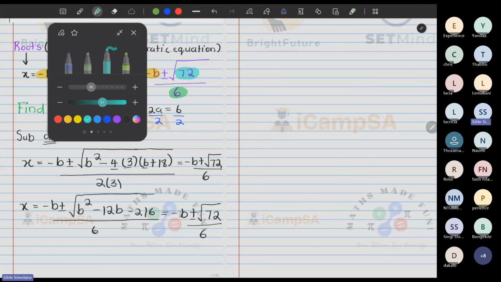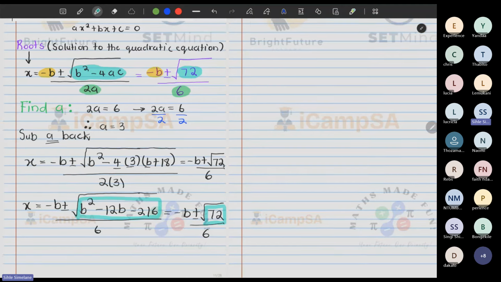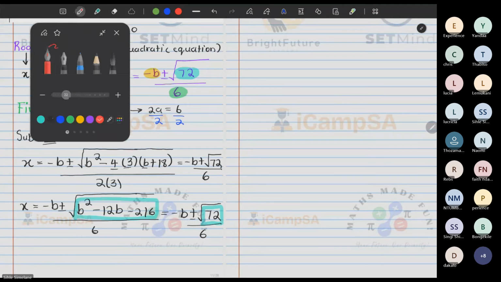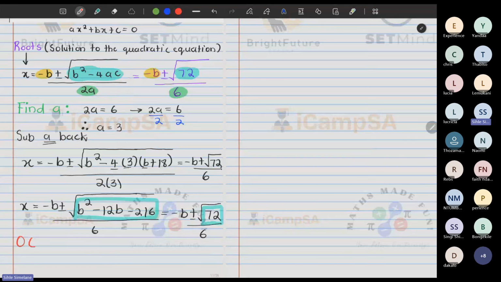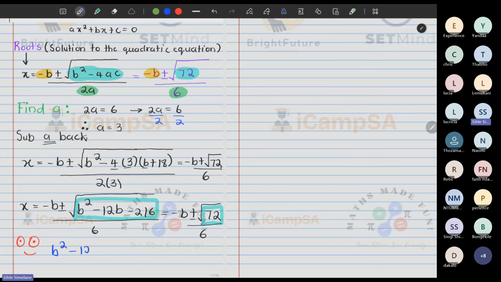So if we look carefully, the only thing that we now need to deal with, guys, is this portion. This should be equal to that, because everything else is the same. Do you guys agree that we should just equate what is inside the bracket there? So that means we should have b squared minus 12b minus 216 equals 72.